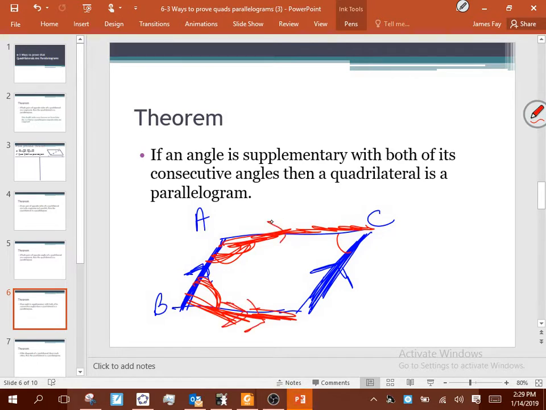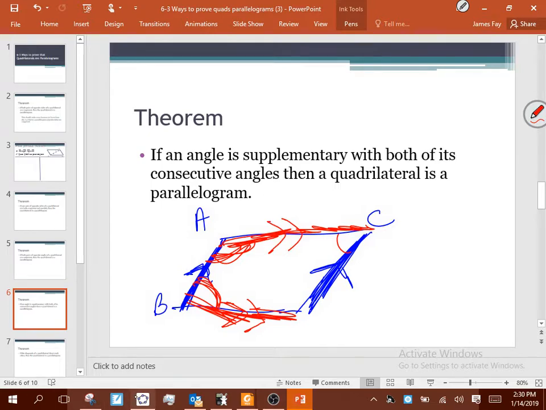And if the red ones are parallel and the blue ones are parallel, we got a parallelogram. So when two sets of consecutive angles are supplementary, then we get a parallelogram. We'll use that theorem in an example in a moment.